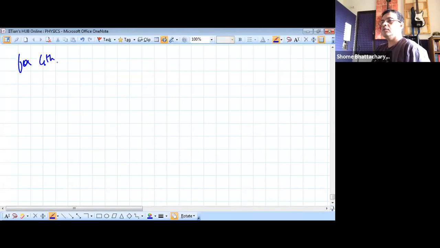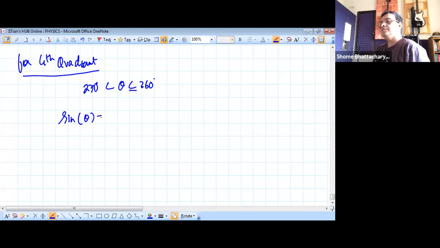For the fourth quadrant, theta being greater than 270 degrees but less than or equal to 360 degrees, we have the formula that sine of theta is minus sine (360 minus theta), and cos of theta is positive of cos (360 minus theta). And just division of the two will give you the relation that tan theta is minus tan (360 minus theta).